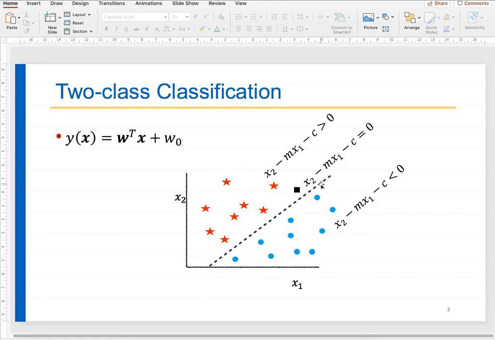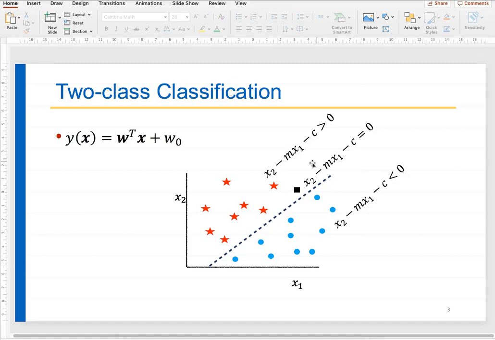They are linearly separable, which means I can draw a line, and if I take any unknown point, I can ask this line, which side do I lie? The line will tell: if the value is greater than 0, then it lies on this side of the line, and I already know that this side is the red rose side, so I can assign this point to the red rose class, right?